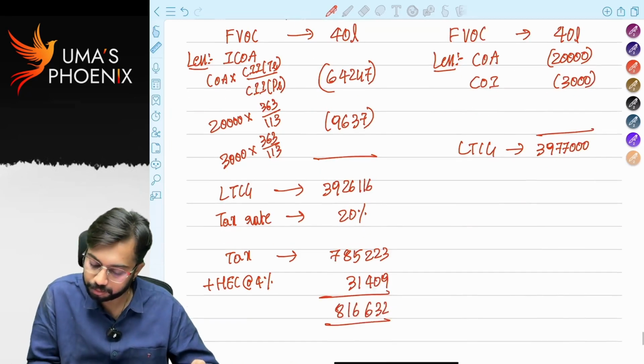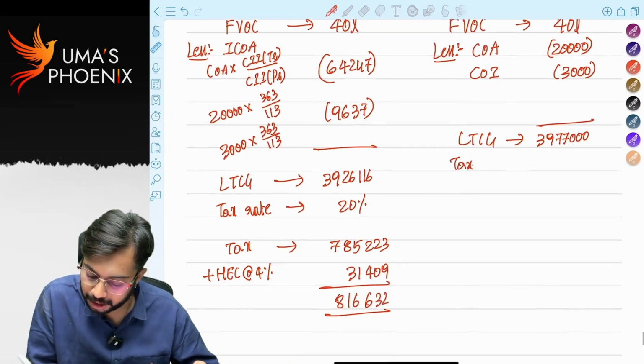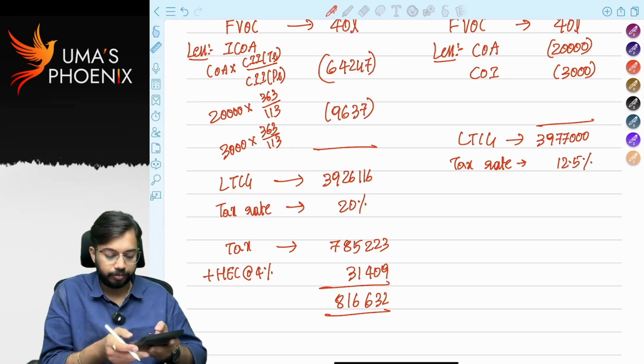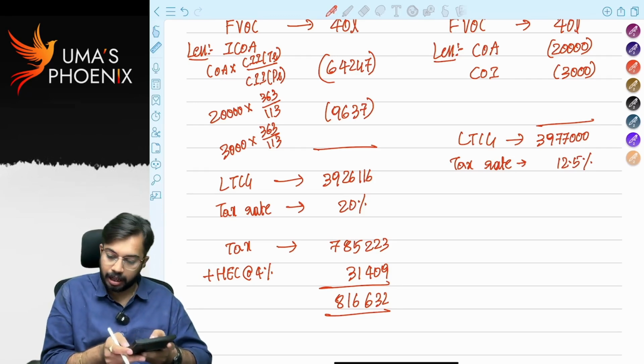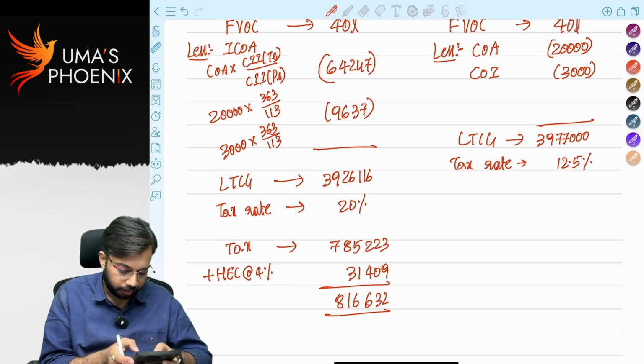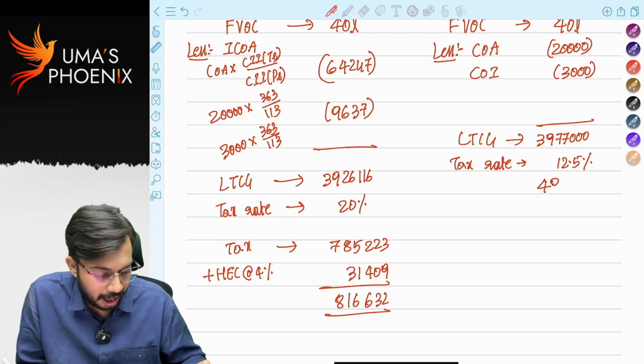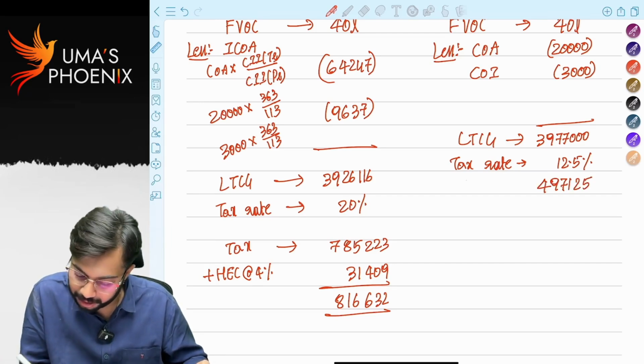77,000. What is the tax rate applicable? Tax rate applicable is 12.5%. 39 lakh 77,000 into 12.5%. How much? 4,97,125. This is tax.